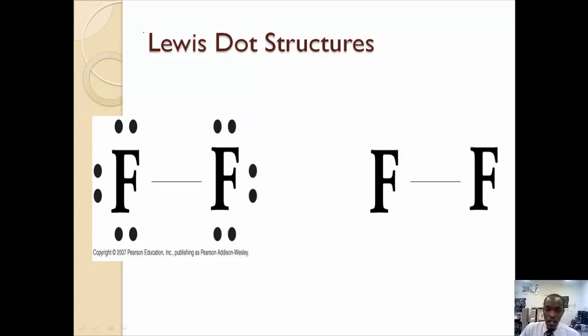All right, so now we get to Lewis dot structures. And the reason why we do Lewis dot structures, we're going to discuss. Remember, there are a couple of things. First, our modern structure of an atom is the electron cloud.